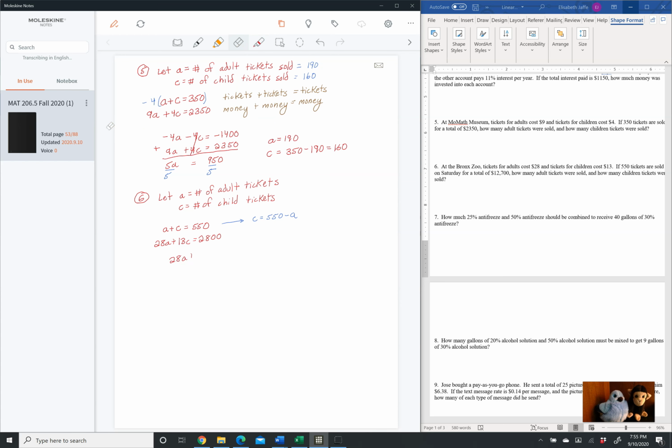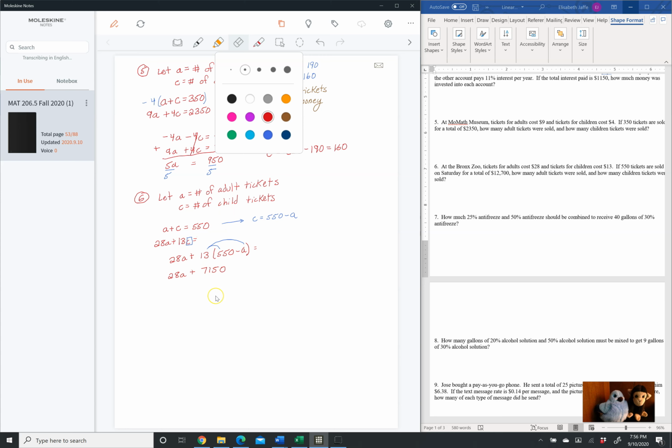So this is 12,700, right? I apologize. The way that I realized I made a mistake is that the 7,150 didn't make sense. That meant that we were making more from the children's tickets than from all of the tickets together. That didn't make any sense, okay? So I don't know where I got the 2,800 from, but that was clearly wrong. Meant to say 12,700.